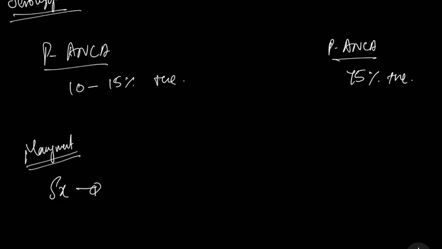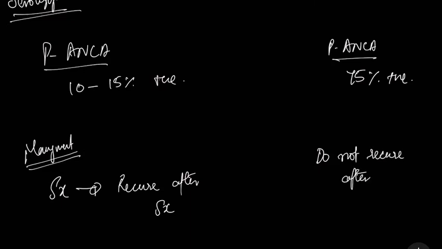It extended from the oral cavity to your anal cavity with a rectal sparing. There were skip lesions, but the extent was long. So there is a chance that it can recur after surgery. Whereas for your ulcerative colitis, because there were continuous lesions confined to a particular location, that was in your colon, they do not recur after surgery.